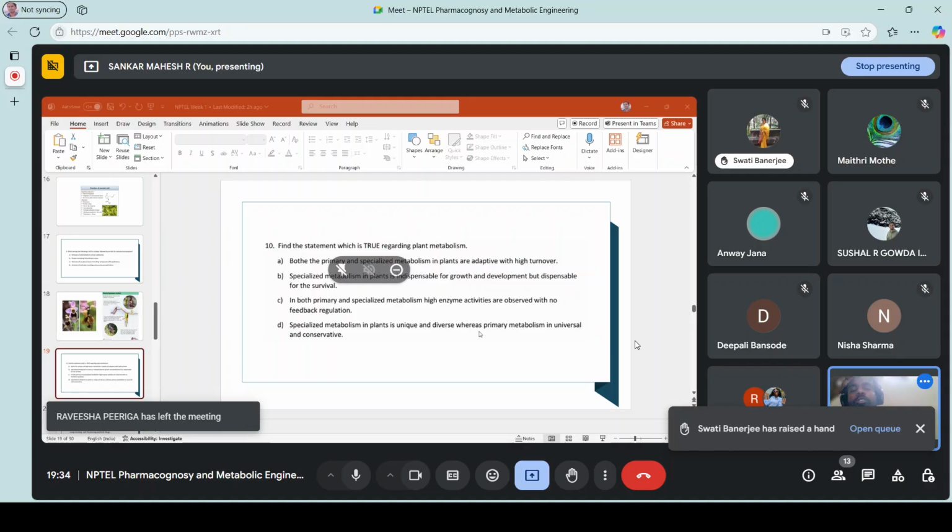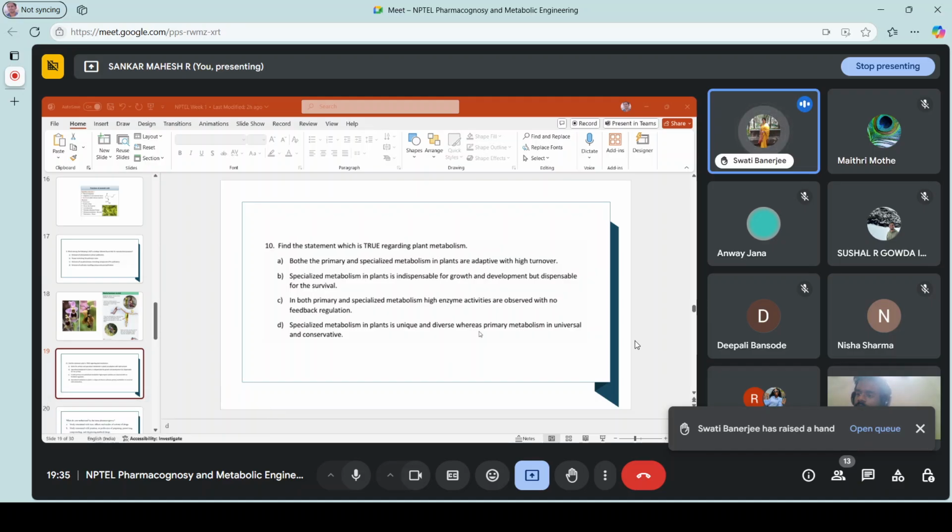Yeah, Swati, you can start with one incorrect option and tell us why you think that is incorrect. Shall I tell the true answer? No, we'll go to the right option once we eliminate the wrong options.